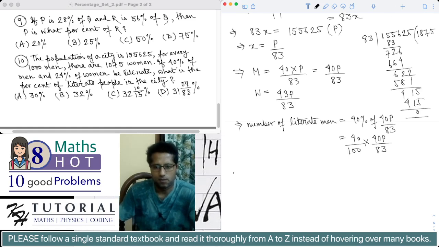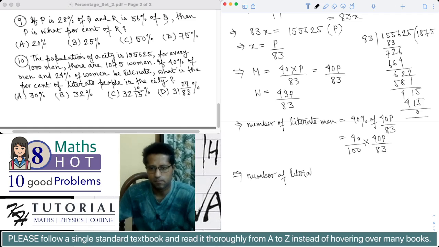And also we can say that the number of literate women is given to be 24%. So it will be 24% of the total number of women, which is 43p by 83.